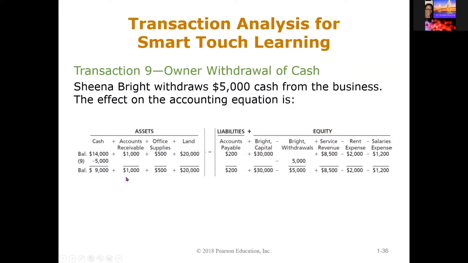Accounts receivable is at $1,000, office supplies $500, land $20,000. You have your accounts payable, the liability, and your equity. So that $5,000 that the owner withdrew from the business, here you see the withdrawal, $5,000. Again, the accounting equation is in balance. Your assets is equal to liabilities plus equity.